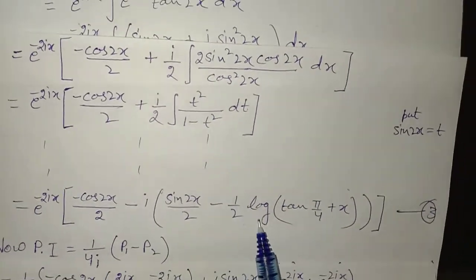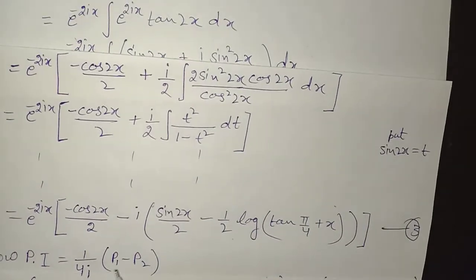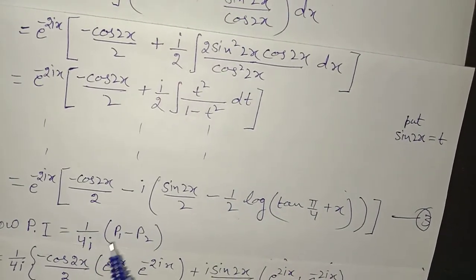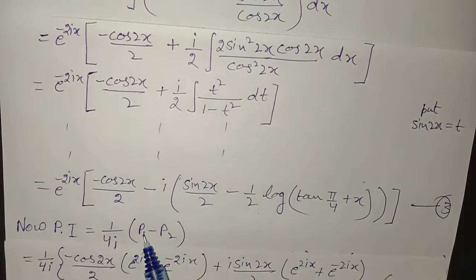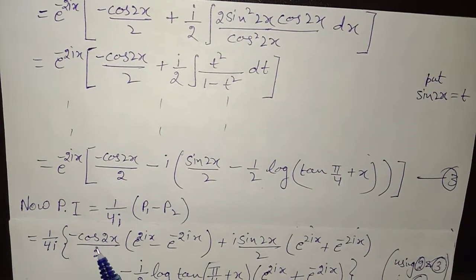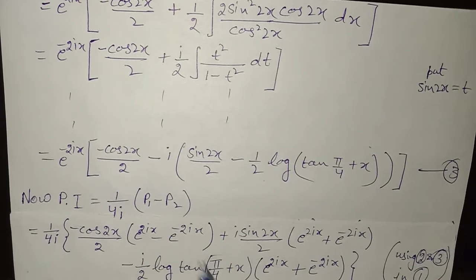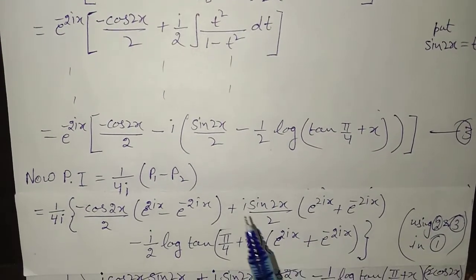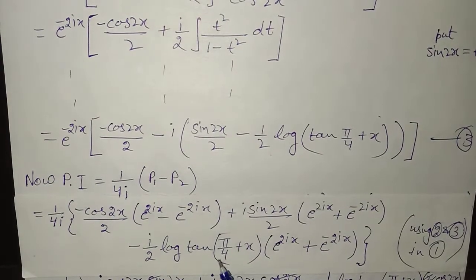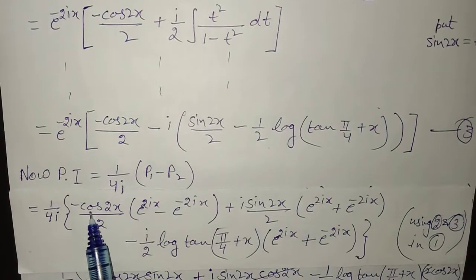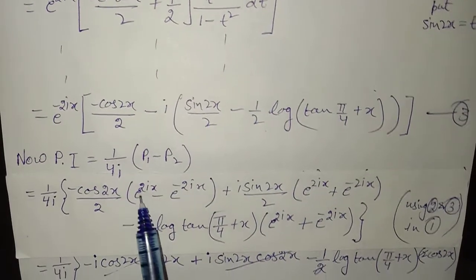This is P2. Now we substitute. What was PI? PI was 1 over 4 iota multiplied by P1 minus P2. So we substitute the value of P1 here and P2 here. It means in this step we are using 2 and 3 in 1. So collect all the coefficients of cos 2x.